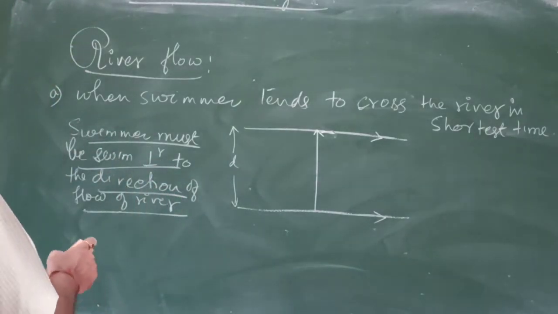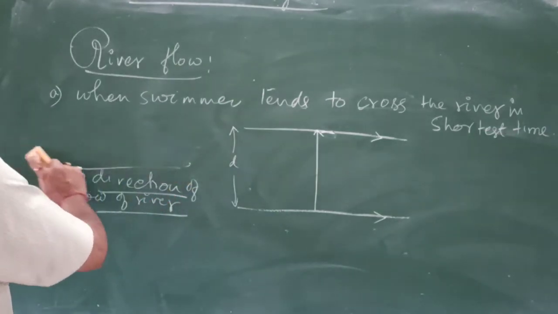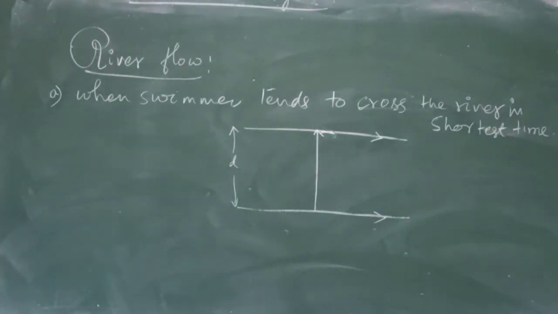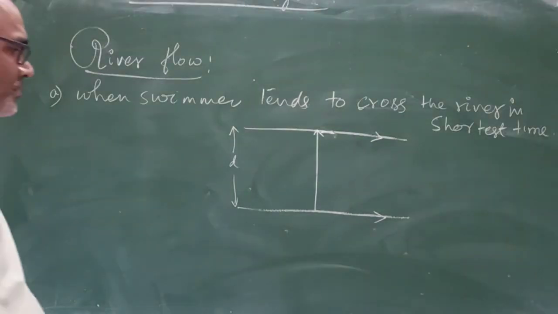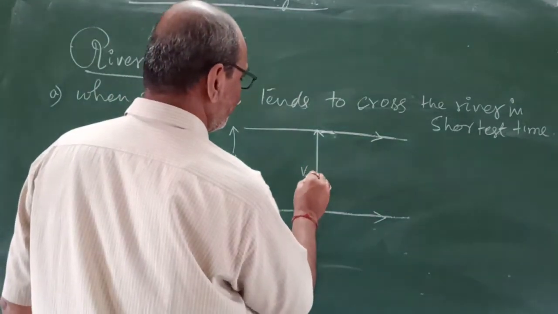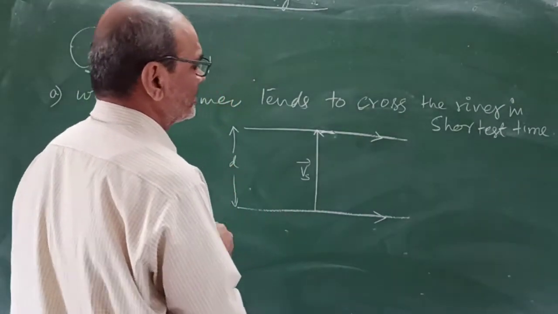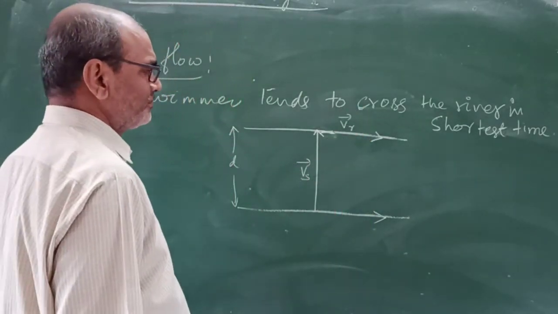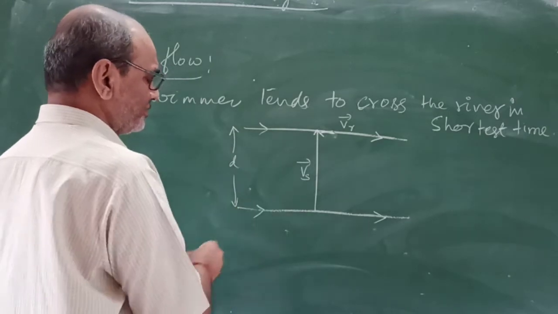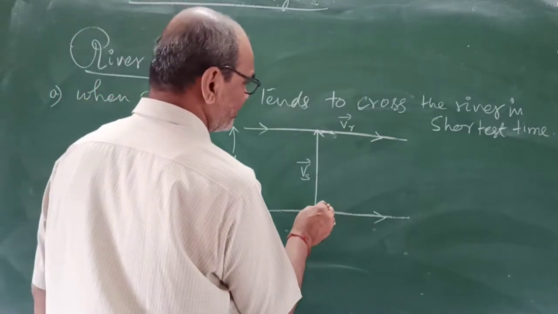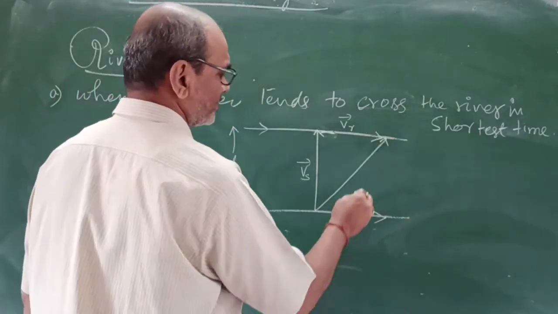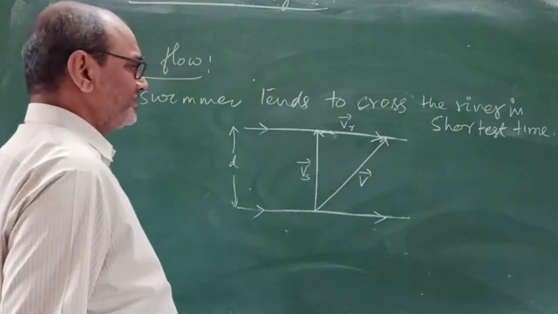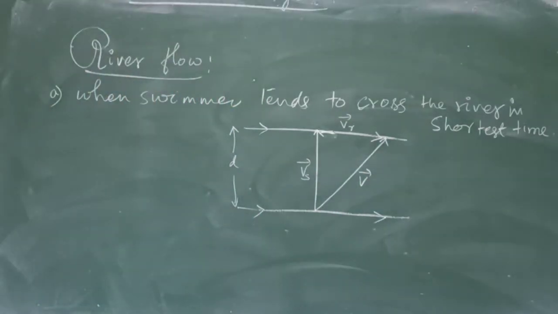Now, Vs, velocity of the swimmer, Vr, velocity of flow of river, then V is the resultant velocity of the swimmer.